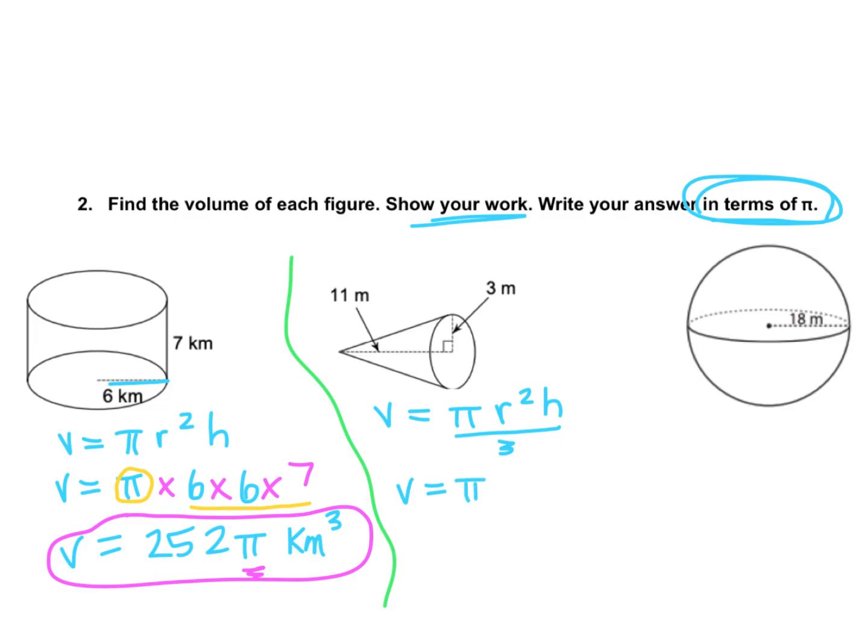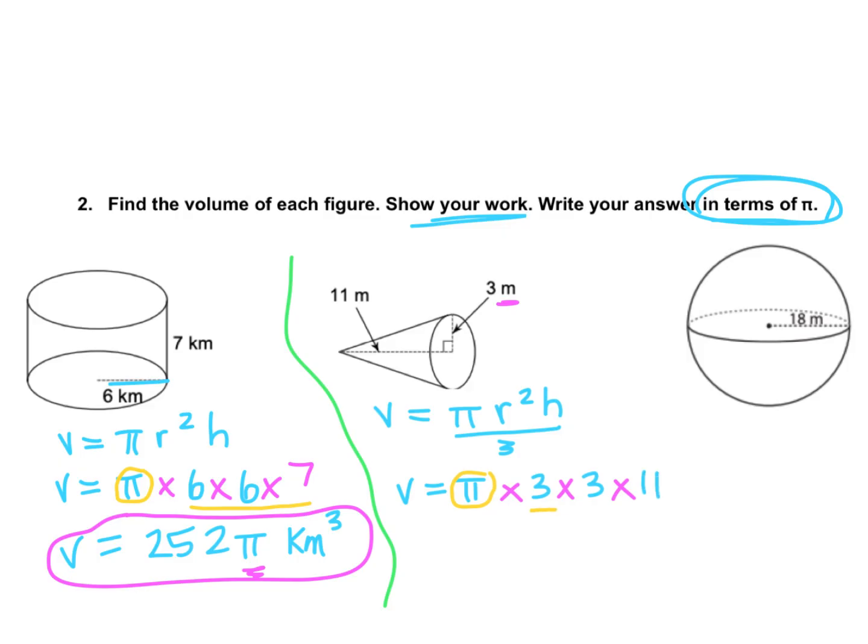Again, it's in terms of pi, so do not calculate your pi. Let's look at our shape here. Our radius is 3. Remember, you need 2 of those because it's radius squared. So 3 times 3. And the height of our cone is from the base to the top, the vertex. That's going to be 11.